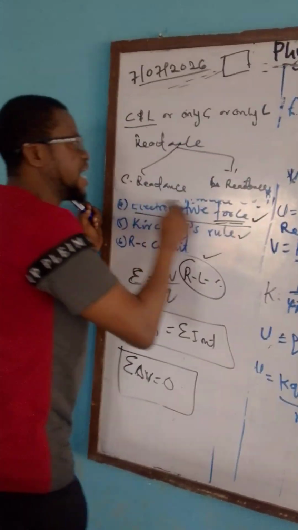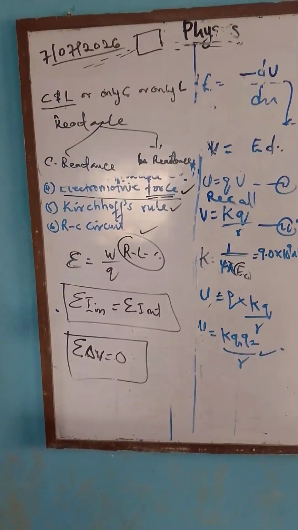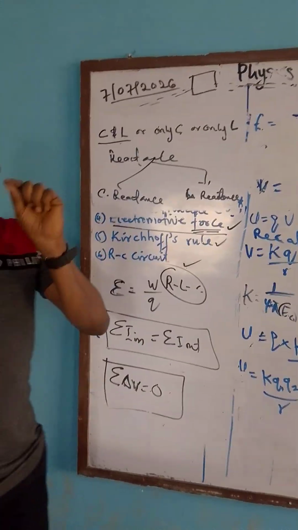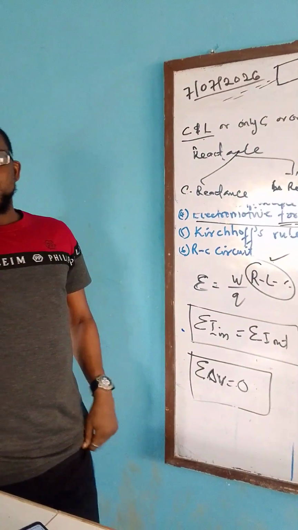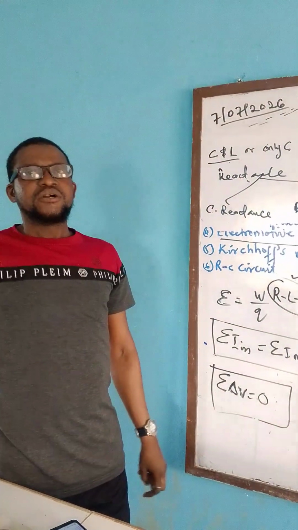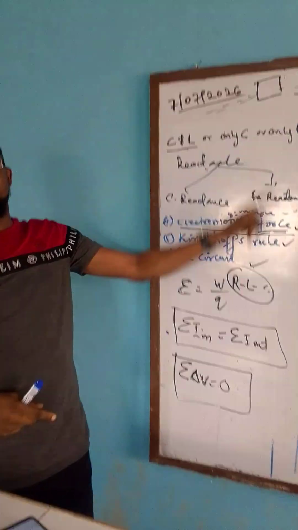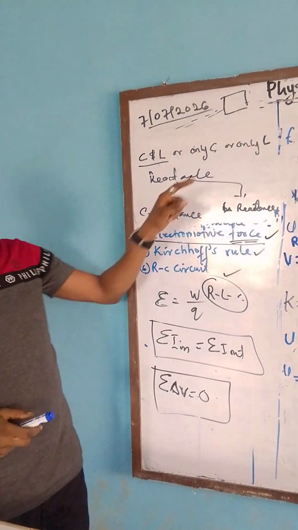But the general term is called reactance. So, by definition, a reactance is the regulation that is offered to an AC circuit, and that regulation must be offered by either a capacitor or an inductor or both.